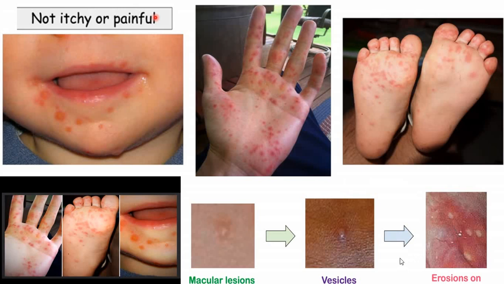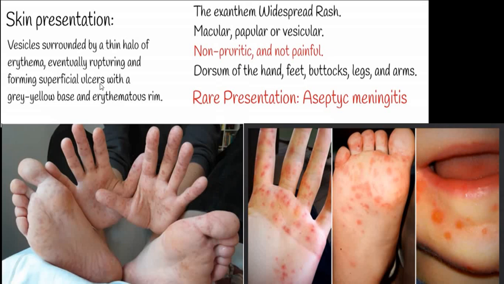Mainly you will see more in a case of an oral ulcer rather than the hand and feet ulcer. And there will be no scarring. So vesicles are surrounded by a thin halo of erythema, eventually rupturing and forming a superficial ulcer with a green-yellow base and erythematous rim.